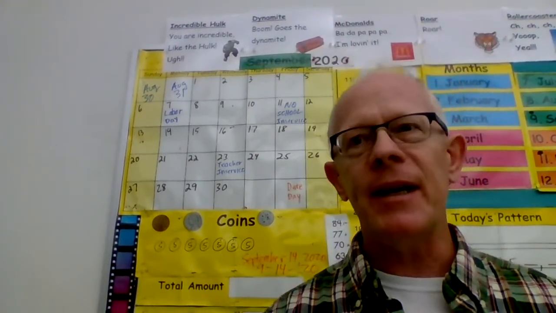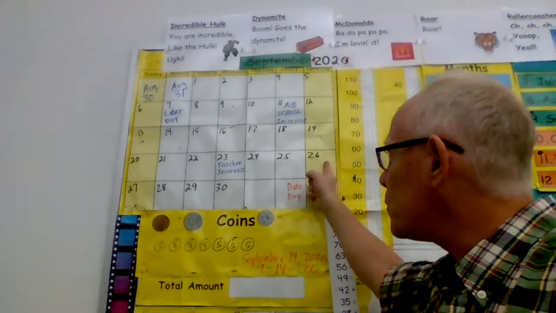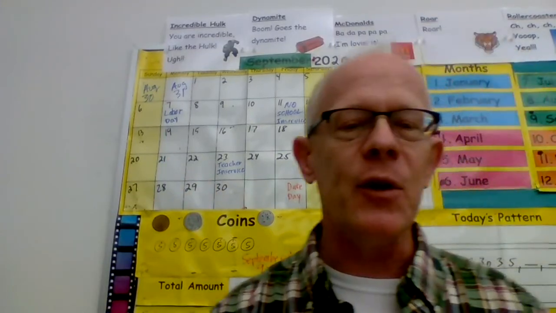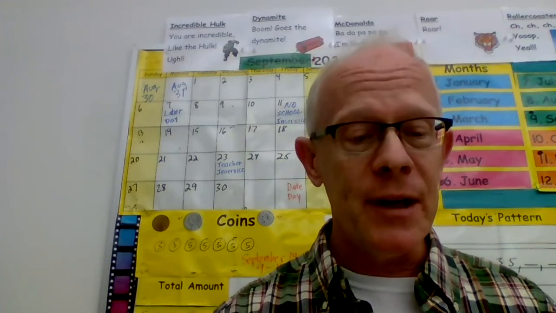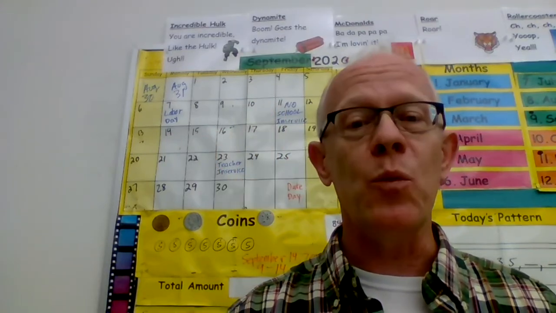I have a question for you, boys and girls. How many days are there in 1 week? Well, if we look up here, we'd see there's 7. 1, 2, 3, 4, 5, 6, 7. 7 days in a week. How about how many days in 2 weeks? If you said 14, you were right. How many days in 3 weeks? 21.